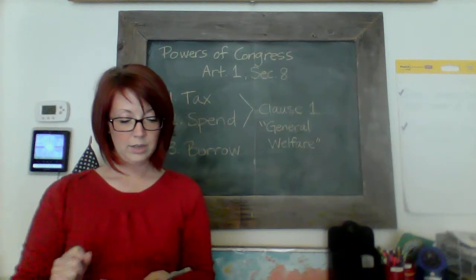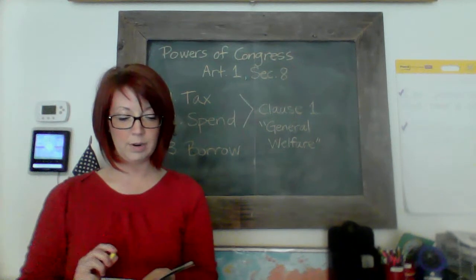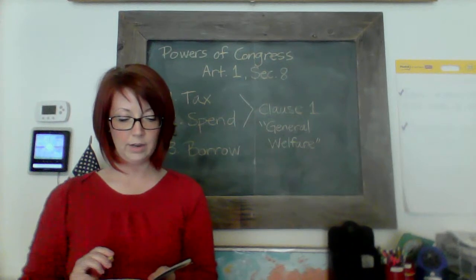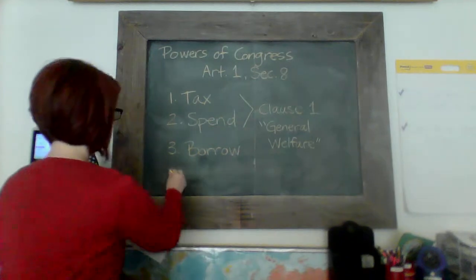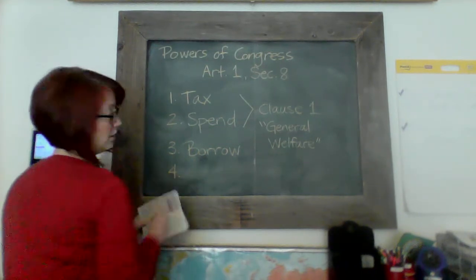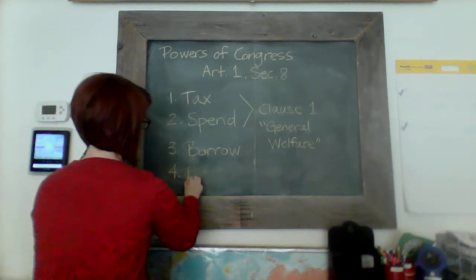Next clause. To regulate commerce with foreign nations and among the several states and within the Indian tribes. Okay, so the next power that Congress has is to regulate commerce.